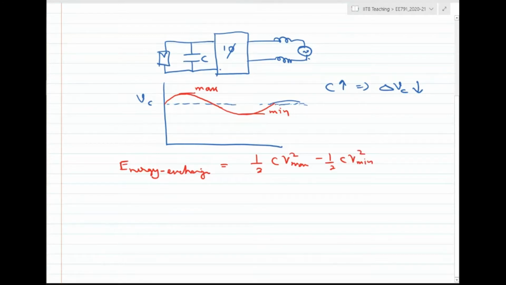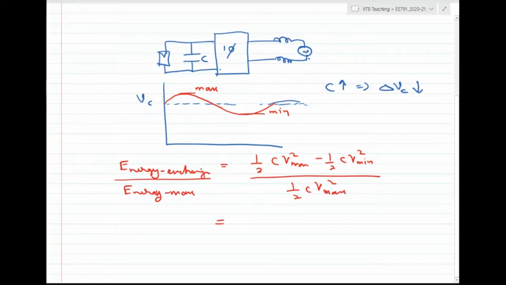This is the energy which it is absorbing for some time, then giving it back for some time, absorbing for some time, giving it back for some time. But then, if you look at this capacitor, what is the maximum energy it can store, which is equal to half C Vmax square.